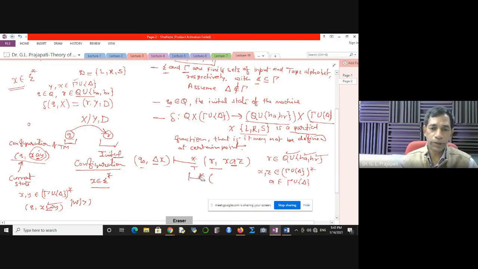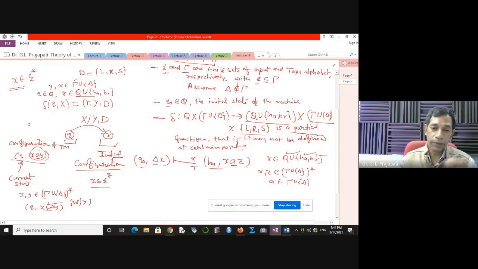If your machine starts from the initial configuration and goes to the state HA while taking the input X, then by making a sequence of moves there is a way to reach the halt state, which is the acceptance state, whatever the contents of the tape.